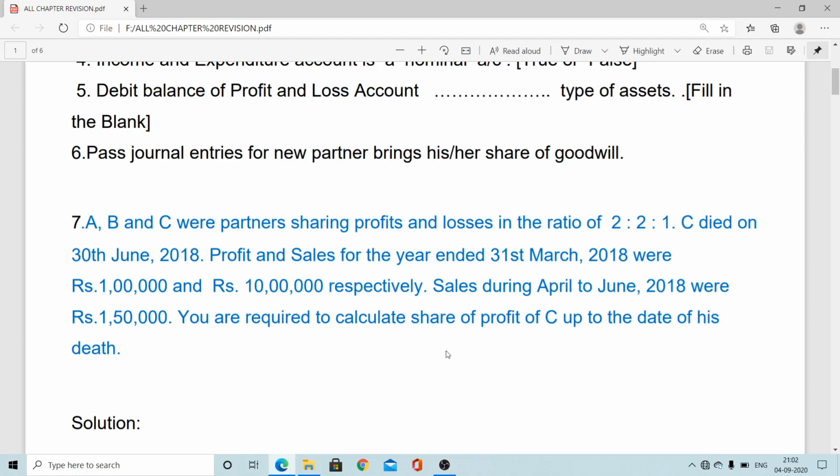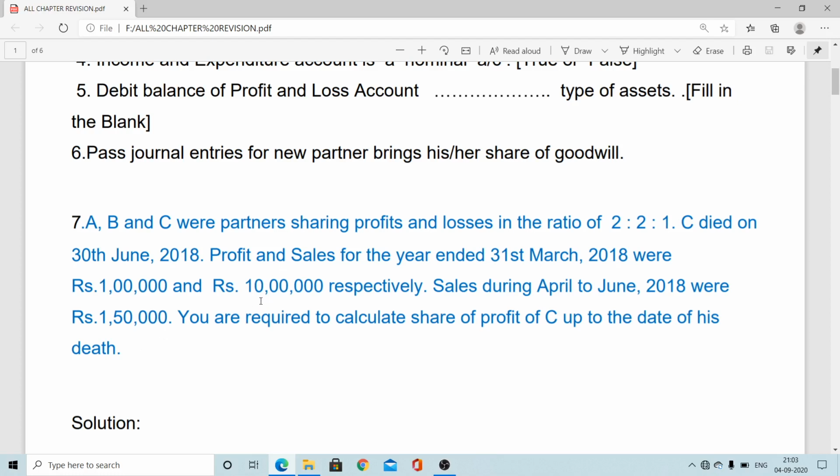So here you have to calculate the share of profit. If you use the unitary method, it is a simple way. When sale is 10 lakh, profit is 1 lakh. When sale is 1, profit is 1 lakh by 10 lakh. When sale is 1,50,000, what will be the profit? Very simple, 15,000 comes certainly.